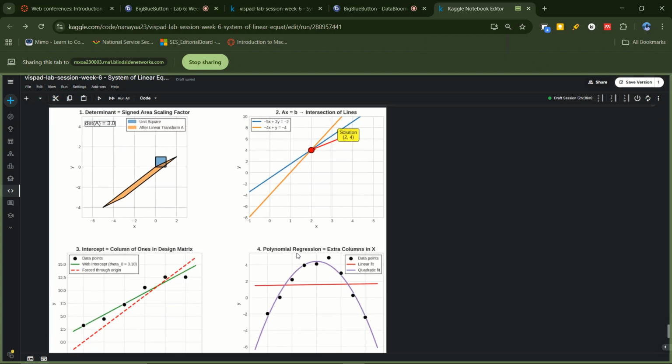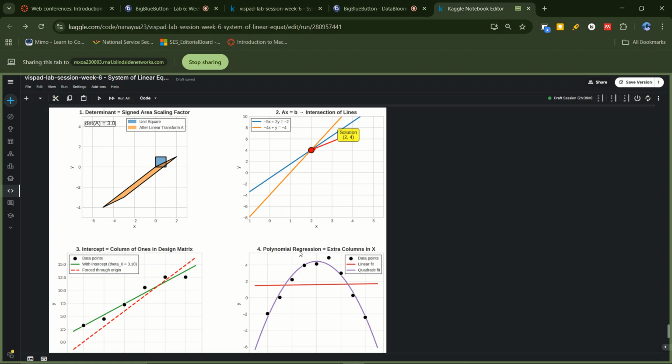This is just a breakdown of what we've been doing. We have this visualization showing four different plots.